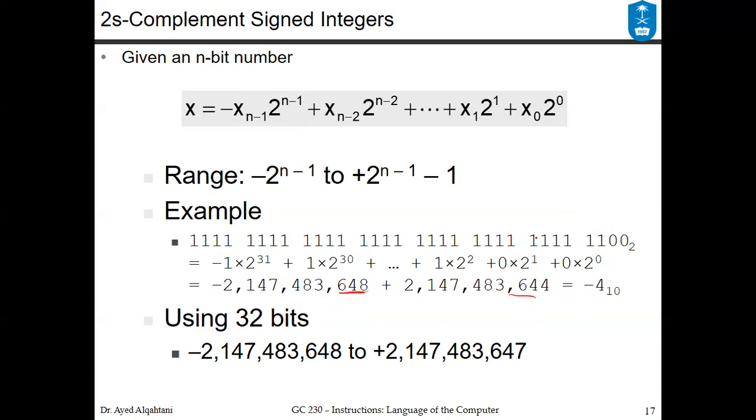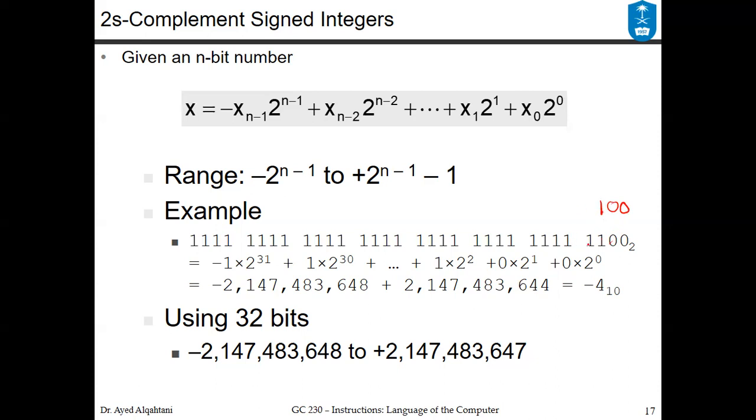There is actually an easy way to get this, instead of using the mathematical way. If you take the 2's complement, you start from the rightmost location in the binary digits. So you start from the right and go to the left. Look for the first one. So copy everything until you reach the first one. Copy the 0, copy the 0, and then copy the first one.